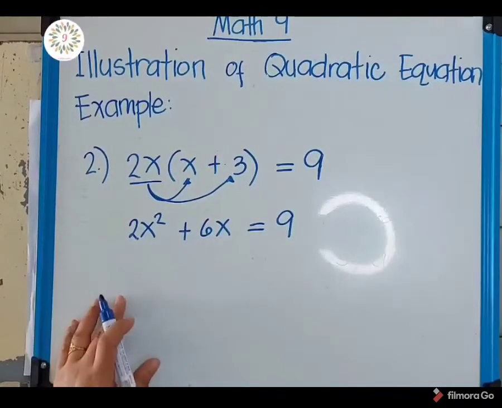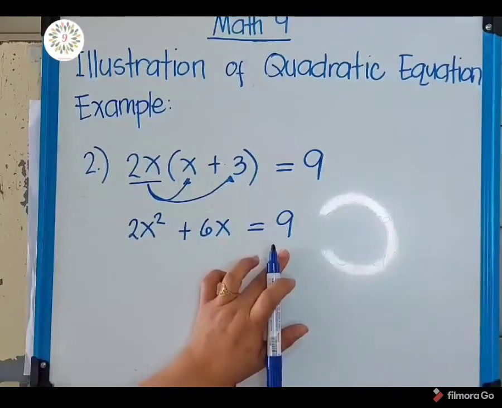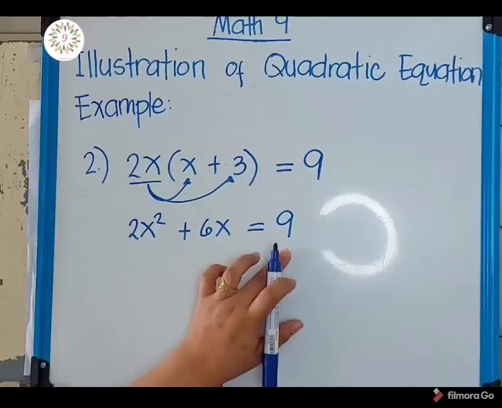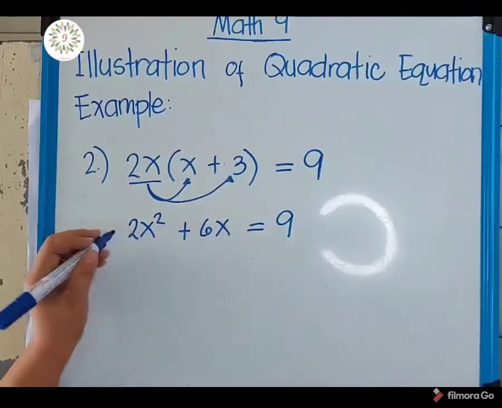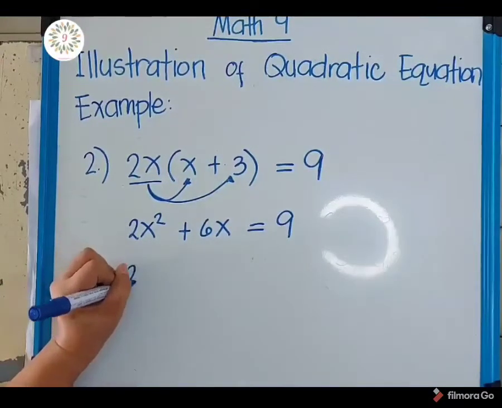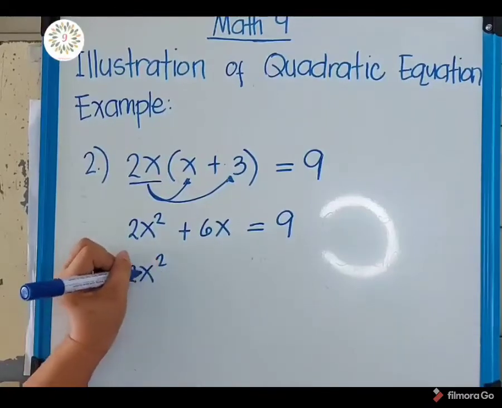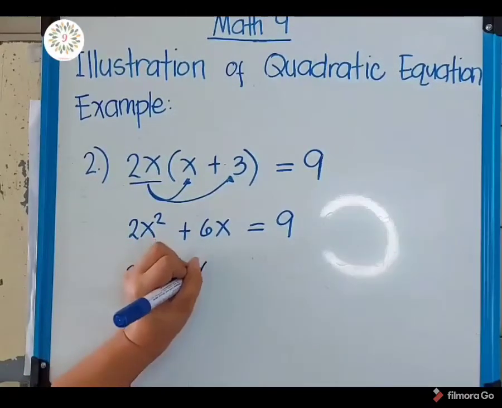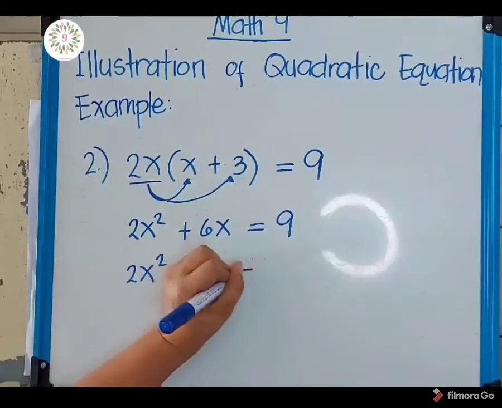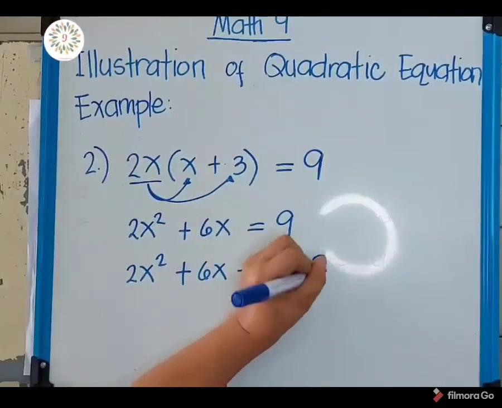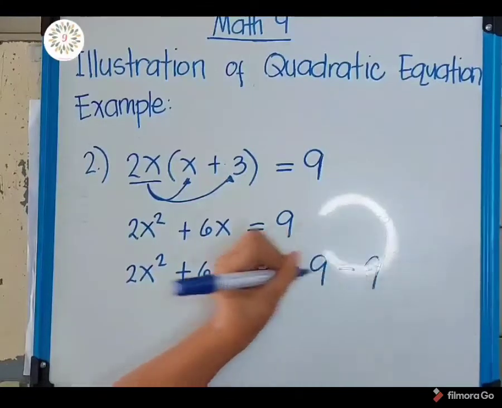Since 9 is still on the other side, we have to apply the addition property of equality. So we will subtract 9 from both sides. We copy 2x squared plus 6x minus 9 equals 9 minus 9.